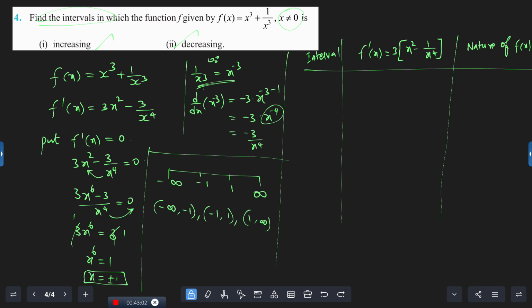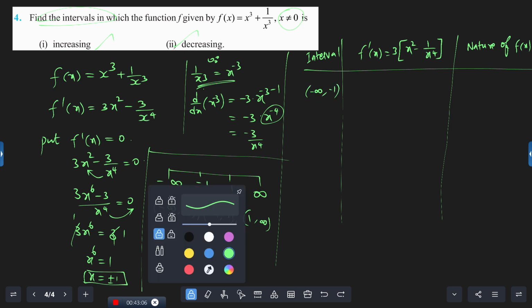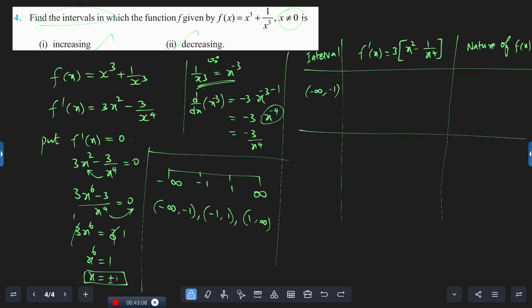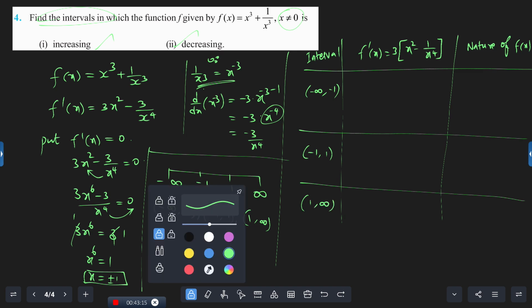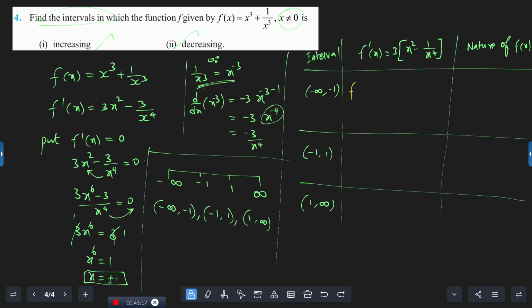The first interval is minus infinity comma minus 1. What number can we take in this? I'll take minus 2. f dash of minus 2: 3 into minus 2 square, that is 4, minus 1 divided by minus 2 power 4, that is 16.